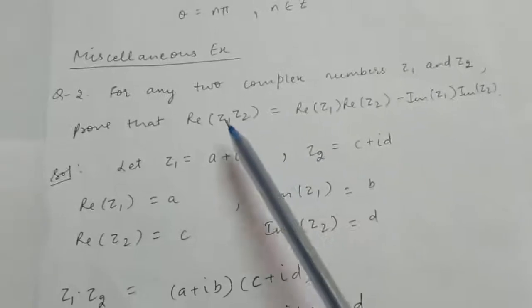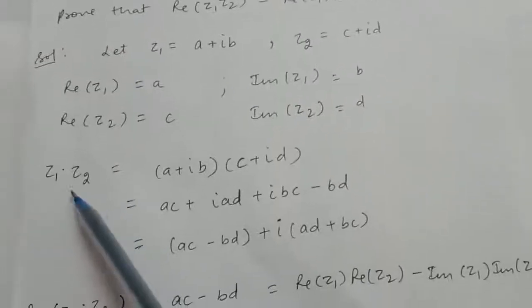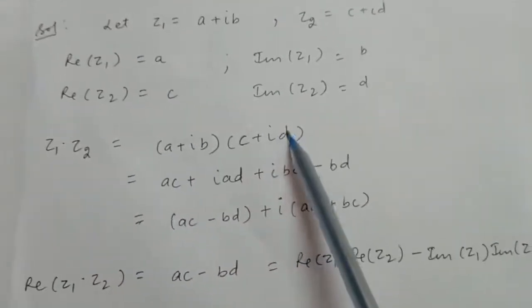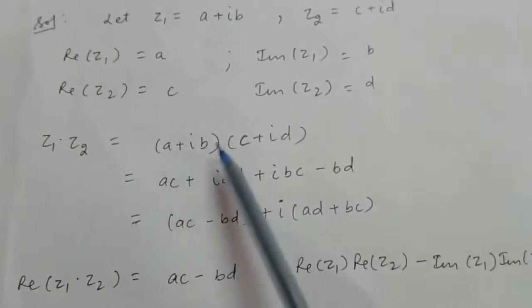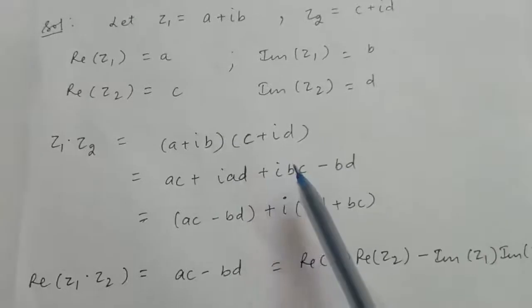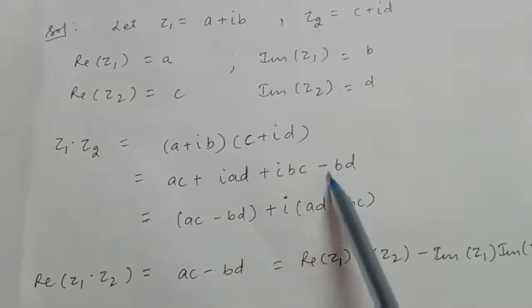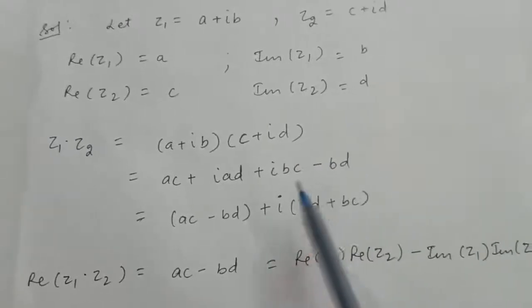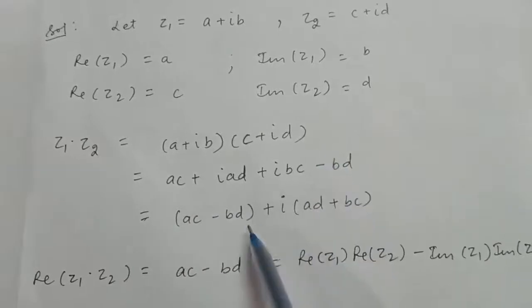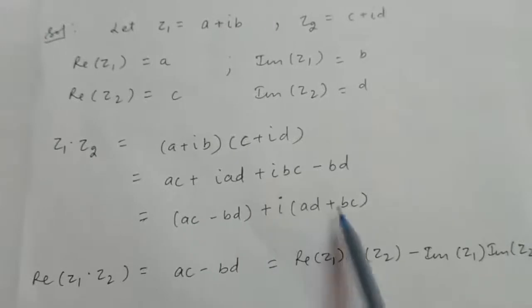Now also we want to find the real part of z1 z2. For this, find out the product of z1 into z2, which is (a plus iota b) into (c plus iota d). Now this will be ac plus iota ad plus iota bc, and this will be iota square bd, therefore minus bd, right? Now write it in the form of a plus iota b. So (ac minus bd) together plus iota in the bracket (ad plus bc).